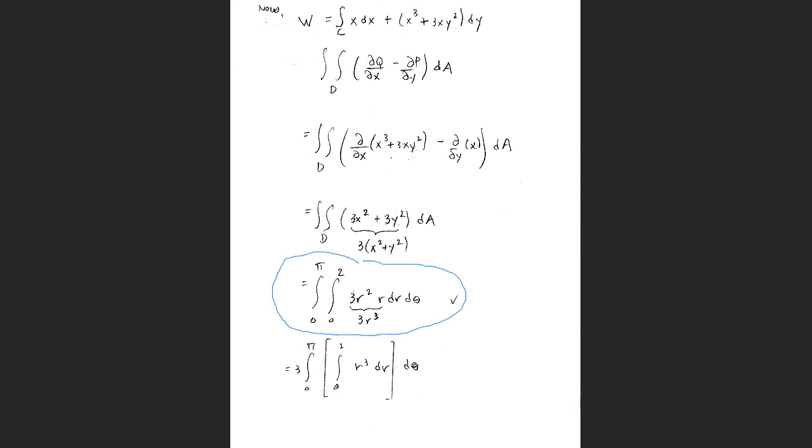Since we're integrating with respect to polar coordinates, the dA is r dr d theta. That's your dA. And I'm going to start my iteration here. Please let me know if you have any questions before we go to the next page.